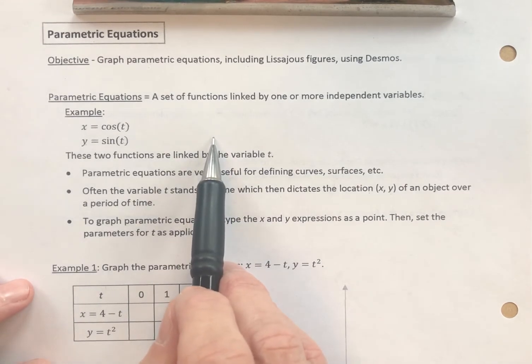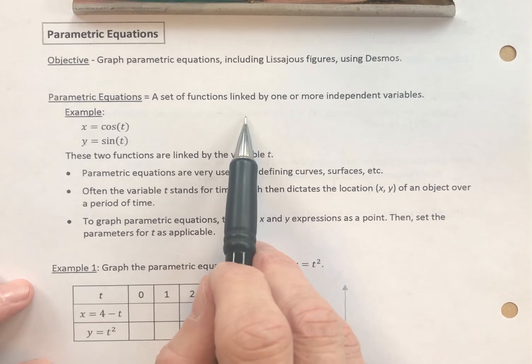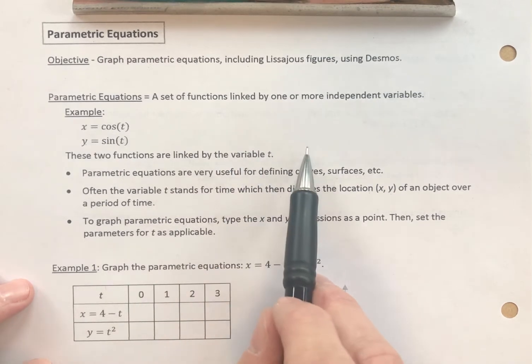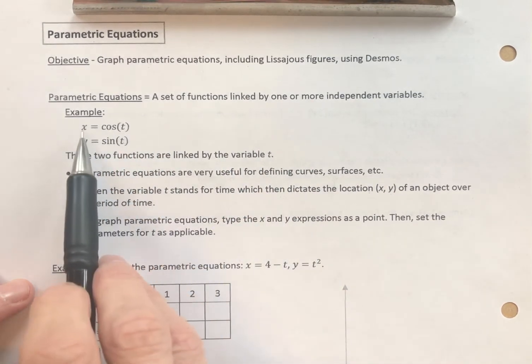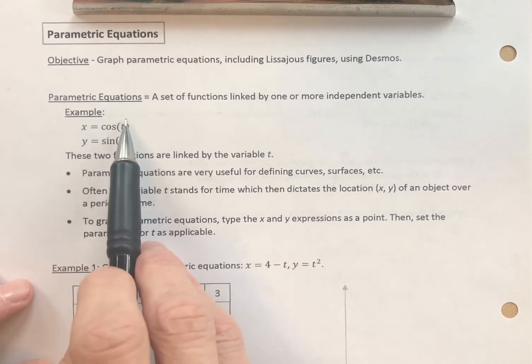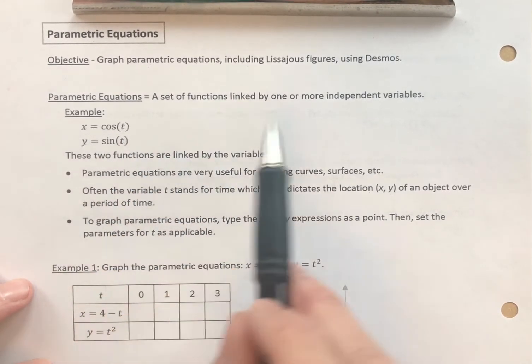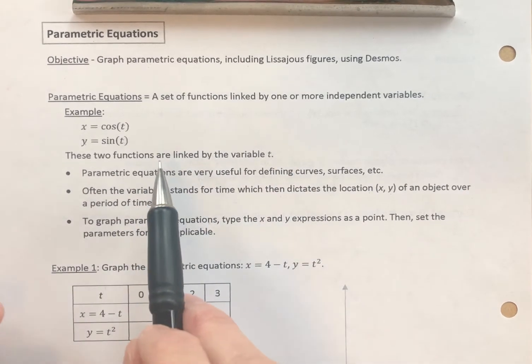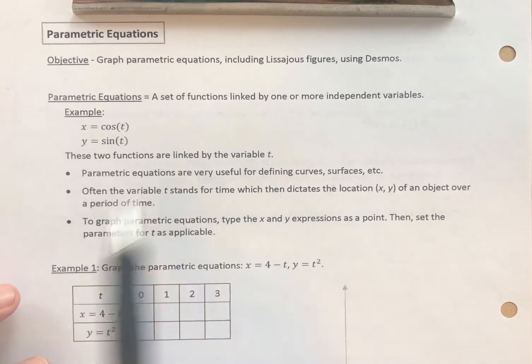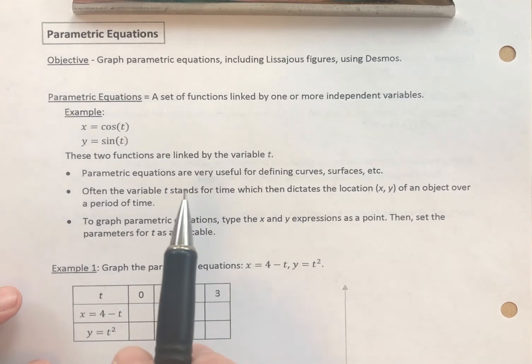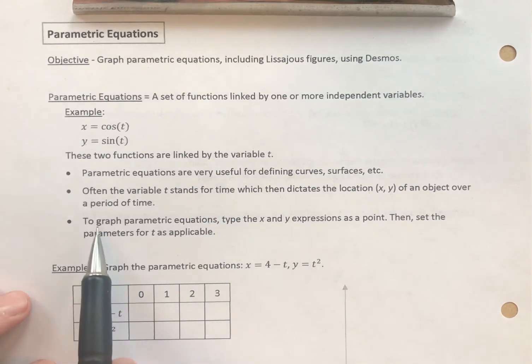At time 1 second, the object moves to here. At time 2 seconds, the object moves to here. So the x and y give us a point, and t equals 0, 1, 2, 3 tell us where that point is located.